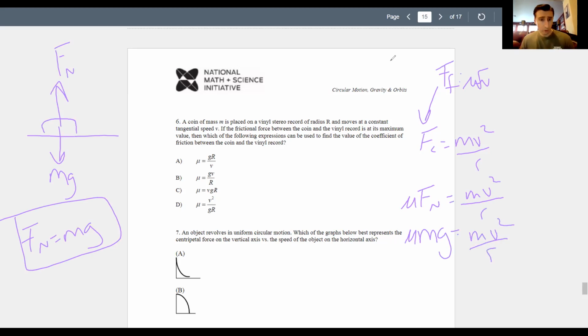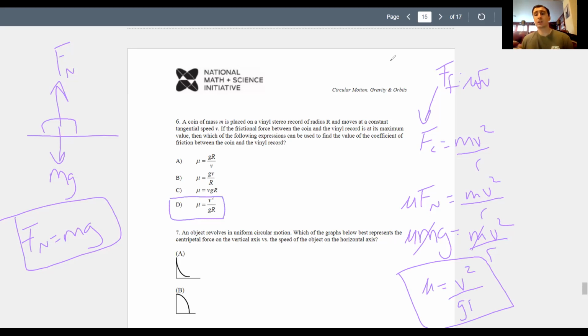I want to solve for mu, so the masses cancel out. So I get mu equals v squared over g r. Is that right? Let's see what I get. 6 should be D. v squared over g r. Yep, there it is.